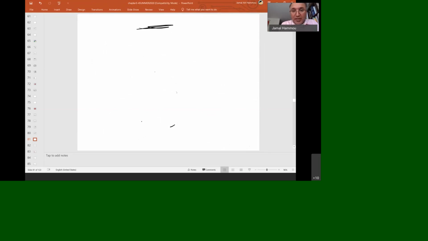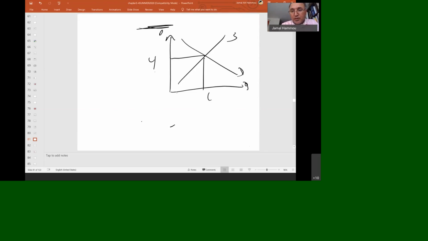For example, in this case, I find out what happened at the price of 4. We have equilibrium. Then at the price of 10, I have a surplus, because this is QD here and QS here. This is a surplus, which equals QS minus QD.